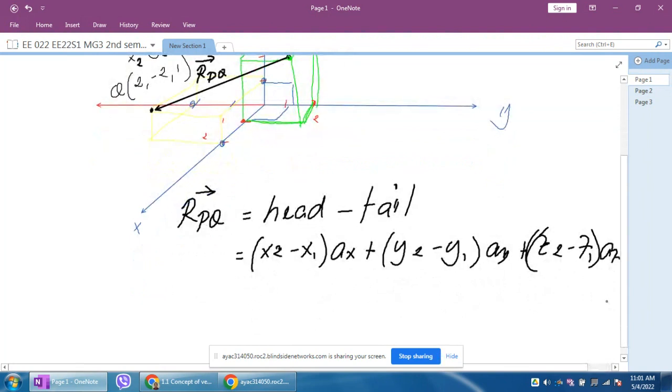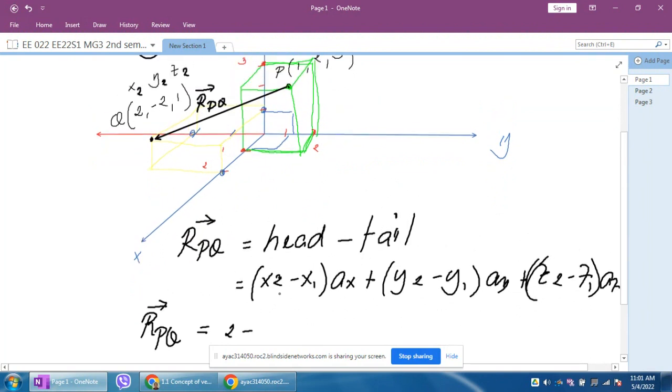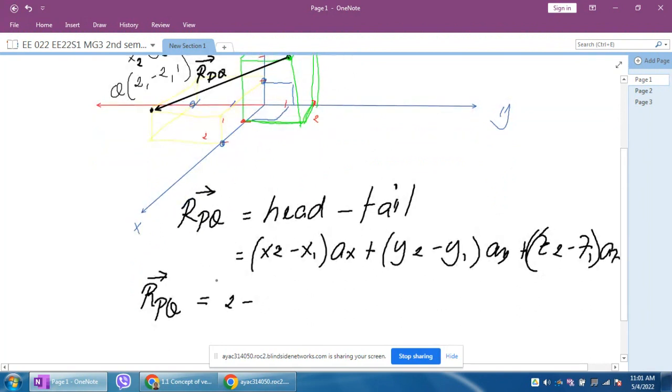Malinaw po ba yun? So again, if you have questions po, please get my attention. So R, PQ, so this is a vector. So anong value ng x2 ko? I have 2 minus x1 is 1.